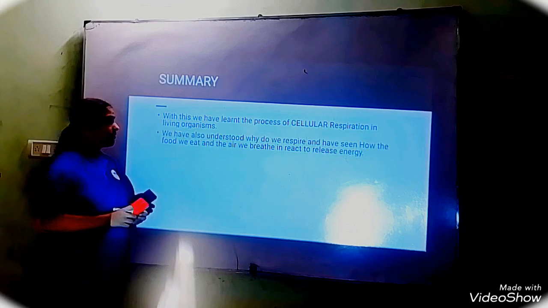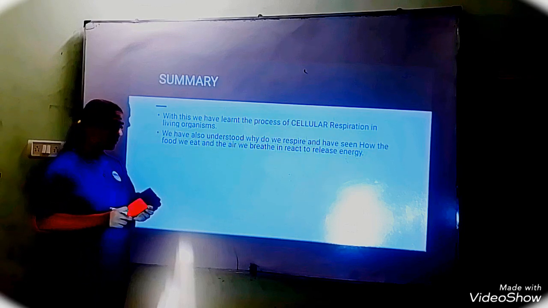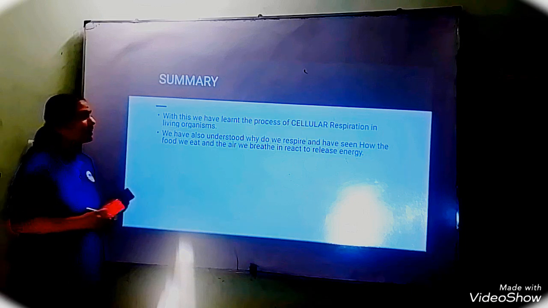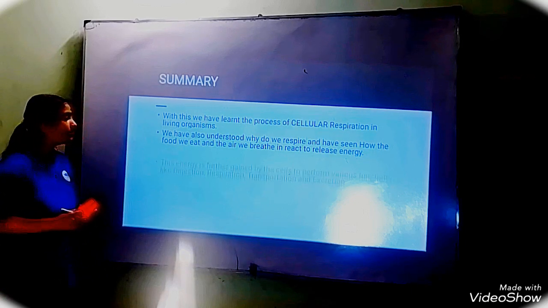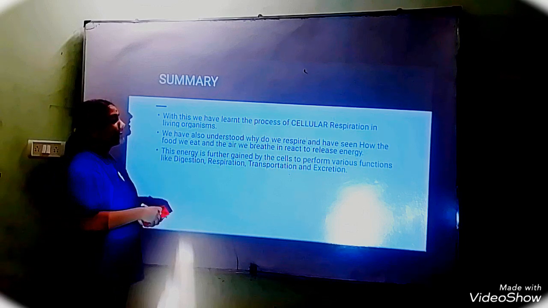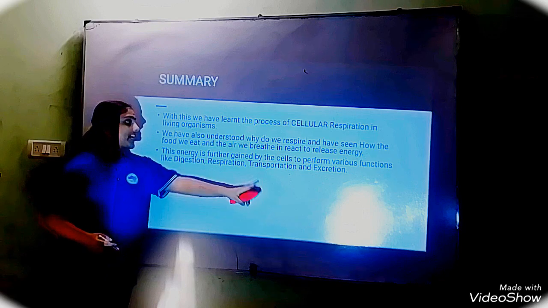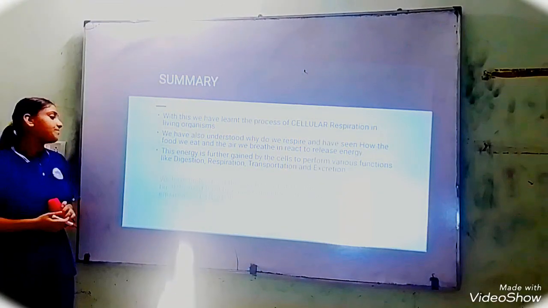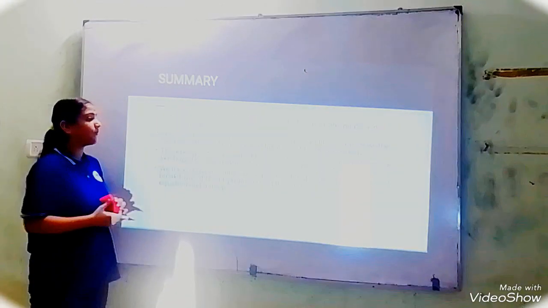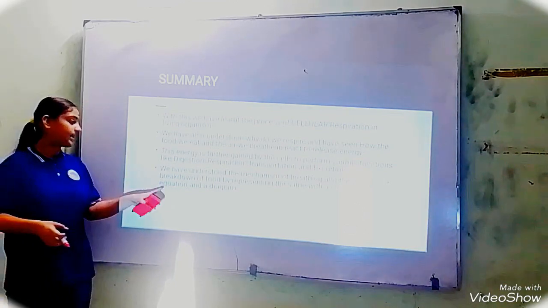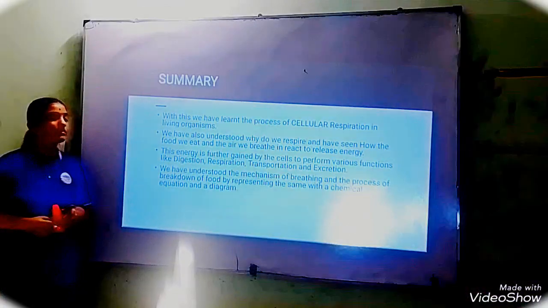We have also understood why we respire and how energy is gained by the cells to perform various functions like digestion, respiration, transportation and excretion. We have understood the mechanism of breathing and the process of breakdown of food by representing the same with a chemical equation and a diagram.